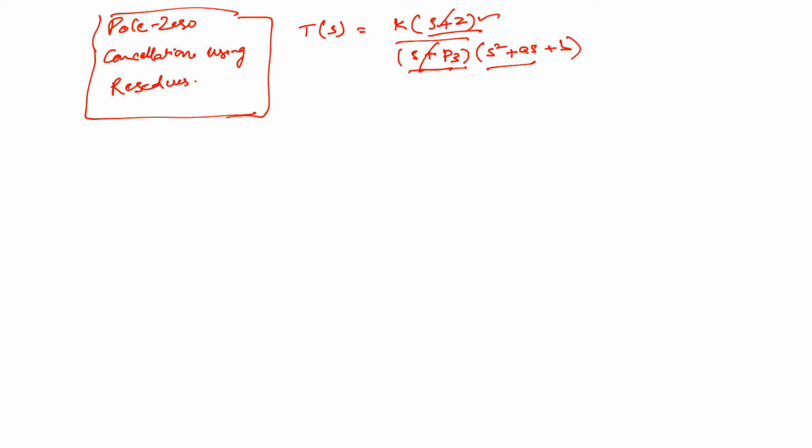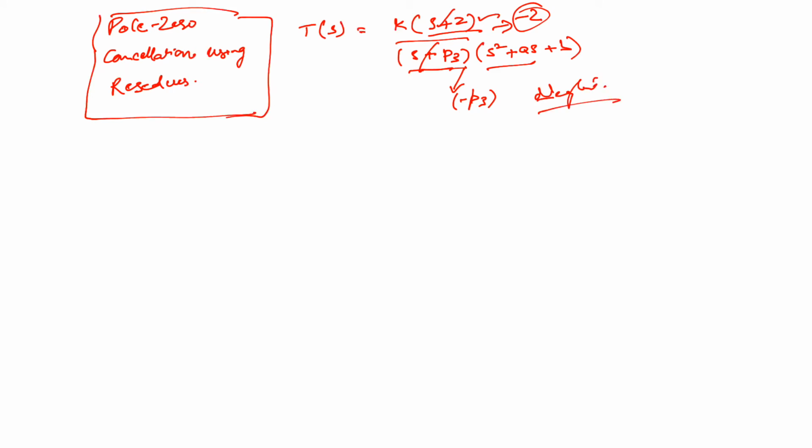From another perspective, we will see that if the zero at minus z is very close to the pole at minus P3, then we can show that the residue of the exponential decay is much smaller than the amplitude of the second order response, and we can neglect it.